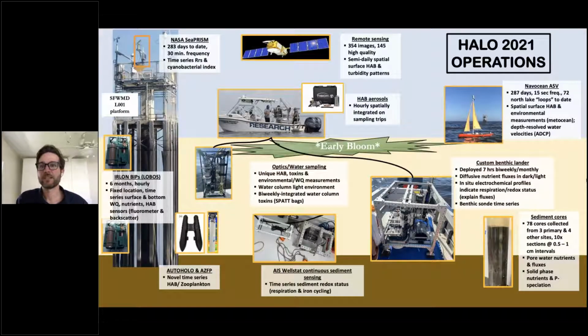So our operations, we had a lot of folks out there. We tended to focus on a couple of these towers. The district installed these really convenient monitoring platforms out in the lake because there's not really that much else out there. So we installed these LOBO systems to monitor water quality. I think they're similar to the systems that are operated in Erie, at least when there's no ice cover.